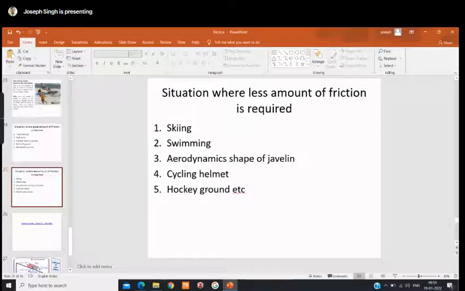Aerodynamic shape in javelin, or aerodynamic shape in bikes and cars. You must have seen the cyclist helmet. You've seen the cyclist wearing a helmet? Yes, sir. Aerodynamic shape.